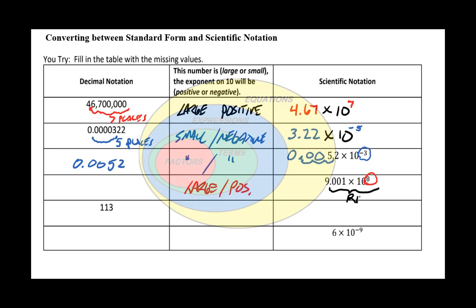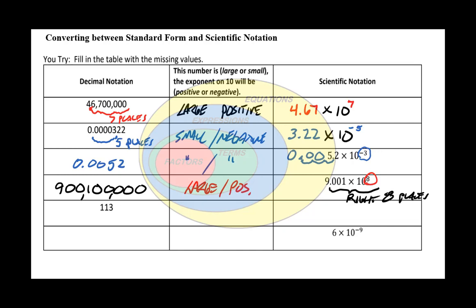So we're going to move it to the right 8 decimal places. So by doing that, I'd have 9.001 would be 3 places. And now I need 5 more zeros to get the rest of the decimal places to 8. So this number then would be 900,100,000.